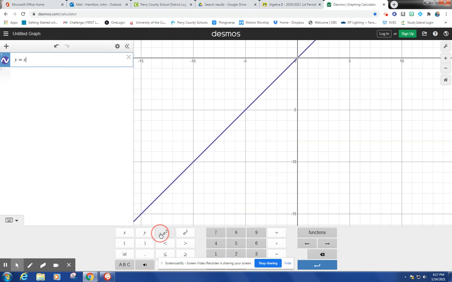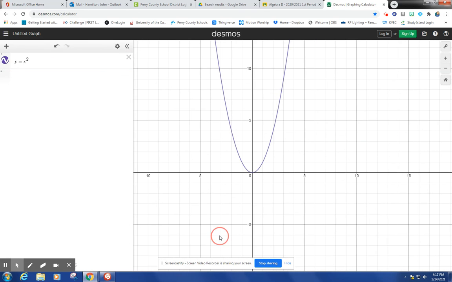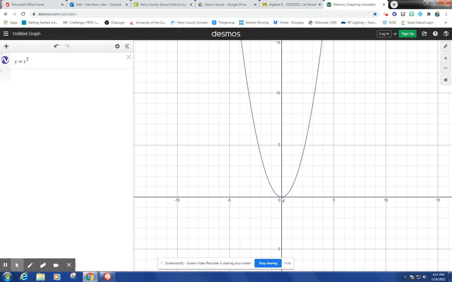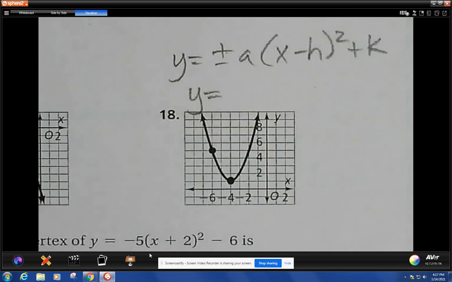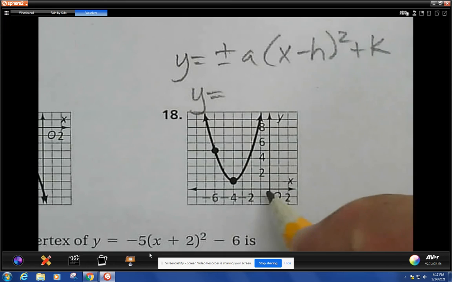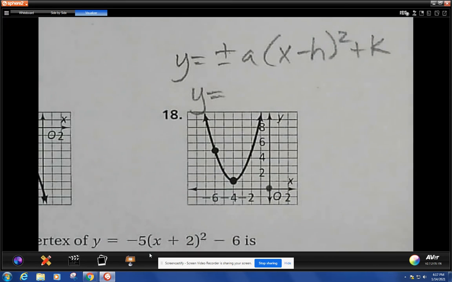And we look at y equals x squared. Notice that our parent graph always goes through 0, 0. Okay, if we look back at our problem, you will notice that this one is not at 0, 0. As a matter of fact, right here is 0, 0. But it is actually skewed to the left. Now let's think about a horizontal change. With a horizontal change, it's not literal. In other words, it does the opposite of what we think.